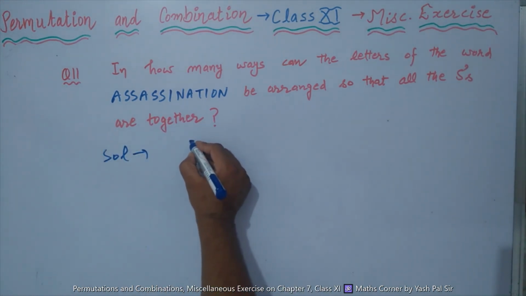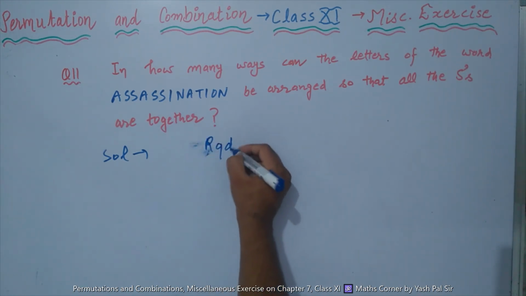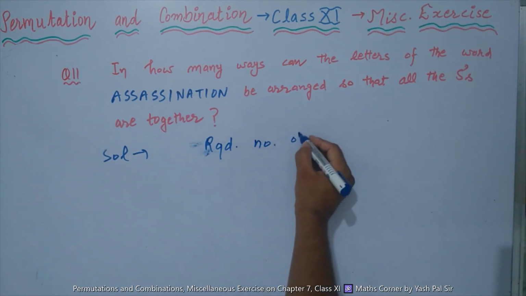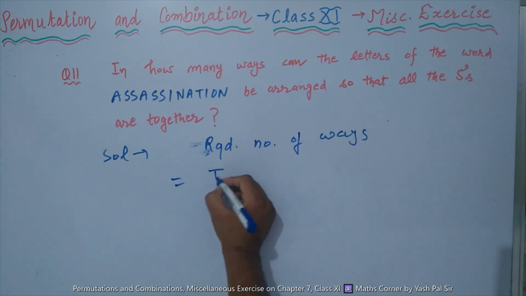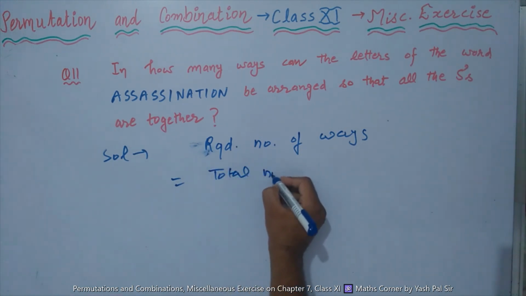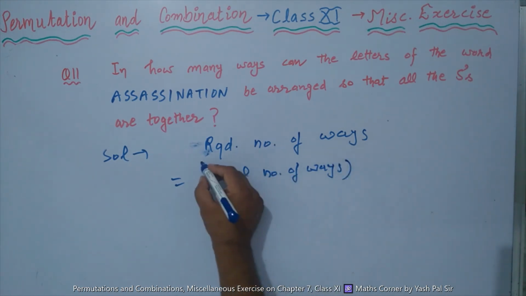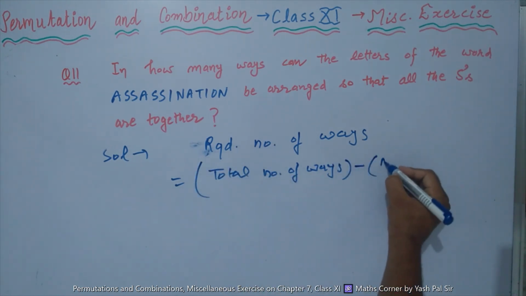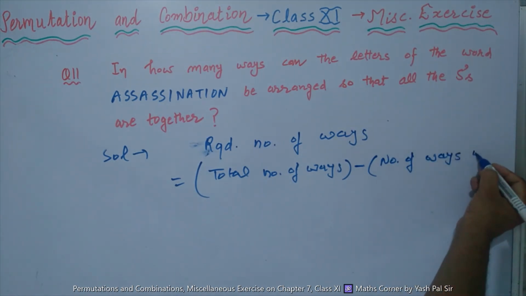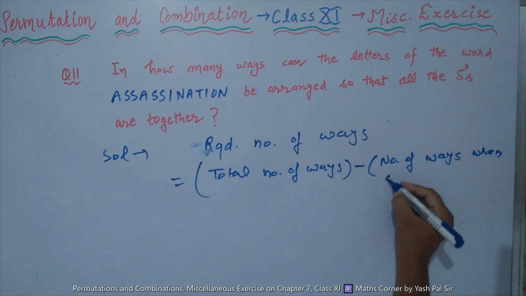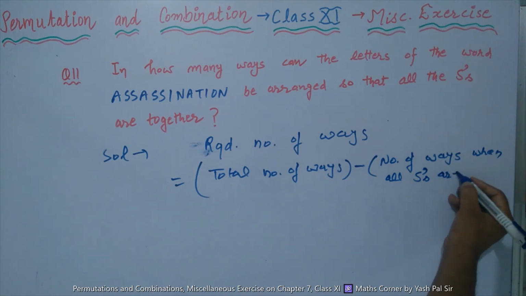So we write here, total required number of ways equal to total number of ways minus number of ways when all S's are together, right?